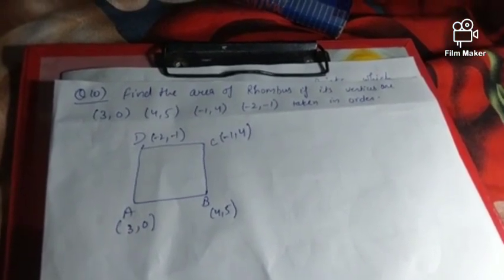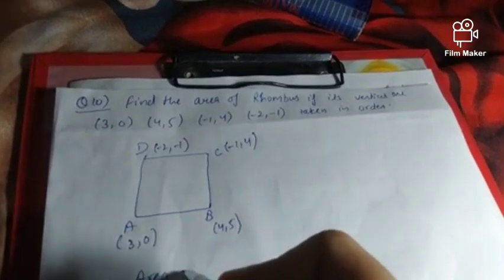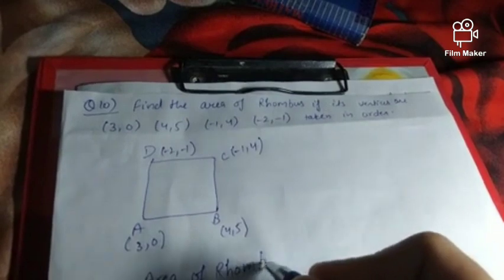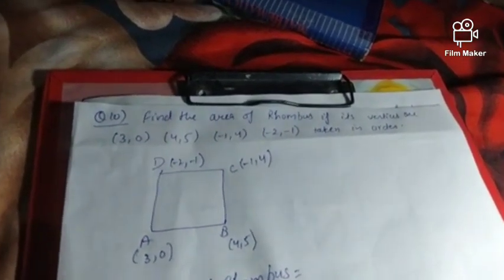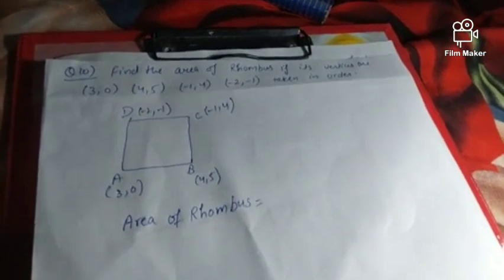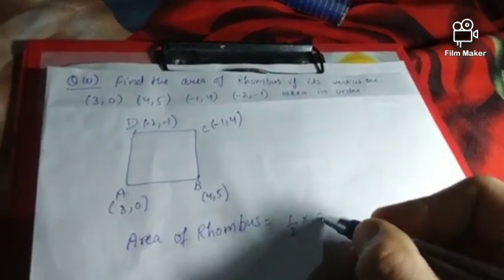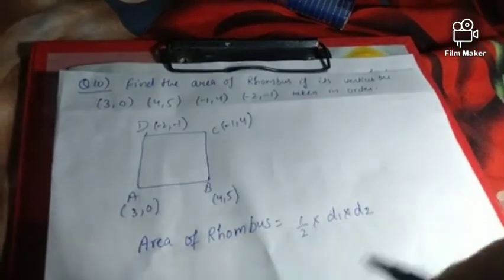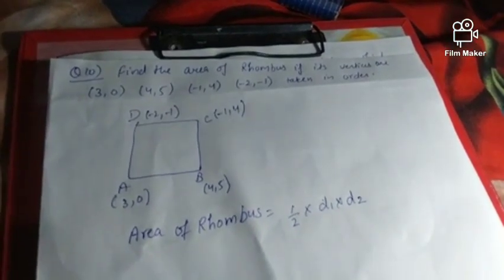Come to next. What is the area of a rhombus? Hint, they have given in the book, but they will not give in the exam. So you must remember the area of a rhombus, that is equals to half multiply diagonal first multiply diagonal second, or you can write half multiply product of diagonals.